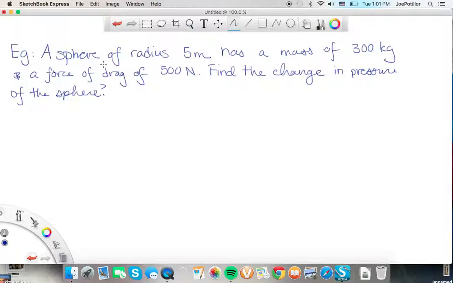Simple enough. Given to us, R is equal to 5, a mass of 300 kilograms, and a force of 500 newtons, and we want to find the change in pressure.